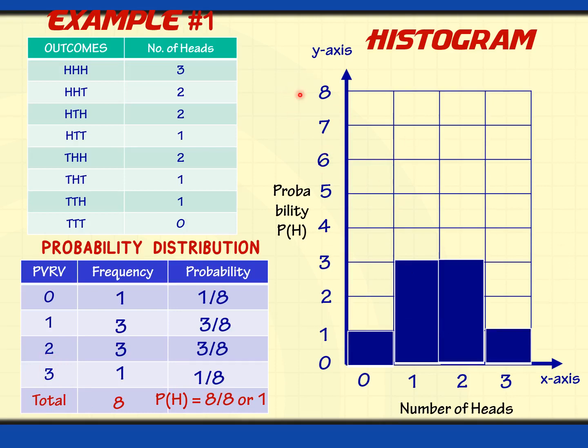Just remember the labels: for the y-axis, that is the probability, and for the x-axis, that will be your random variable, whatever is asked in the problem. Is that clear? Okay, so this is how you construct a discrete probability distribution. That is just the continuation of your steps in finding the values of the random variable. So I hope everything is clear.